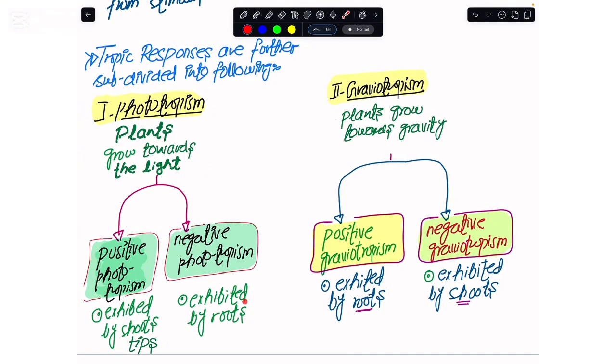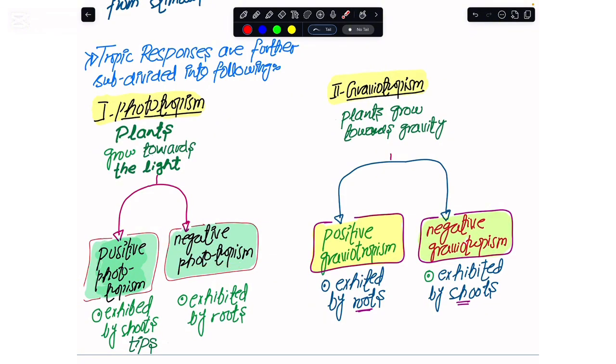The roots, however, never grow toward the light but grow away from it, because they have to go into the soil. So if roots are exposed to light, they exhibit negative phototropism, growing away from the light.